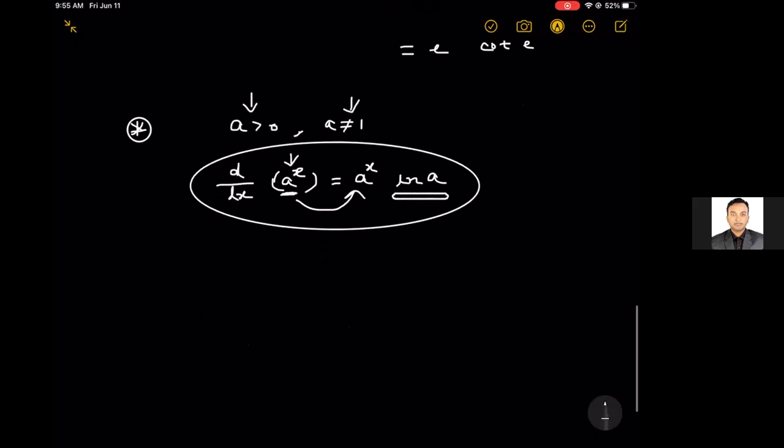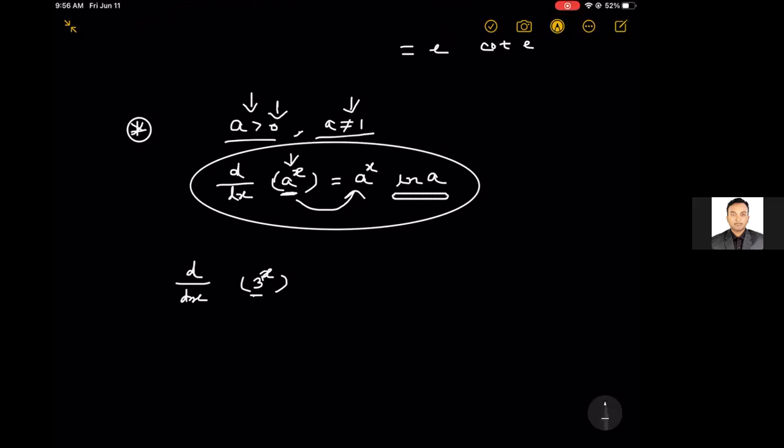let's see one example of it. Let's take the derivative of 3 to the x. Do you agree that it satisfies these two conditions? This 3 is definitely greater than 0, and it's definitely not 1, right?